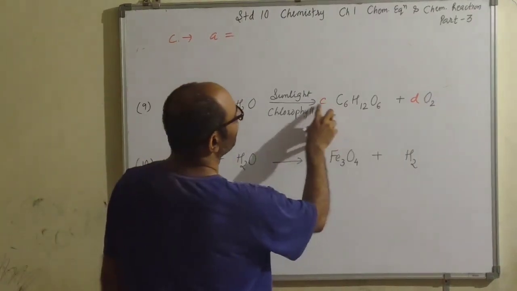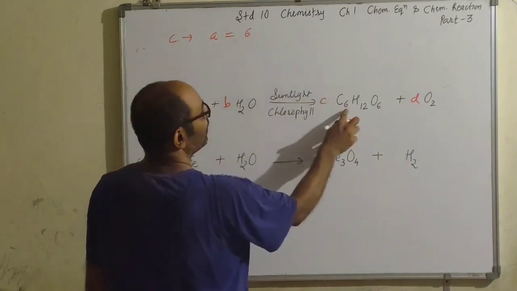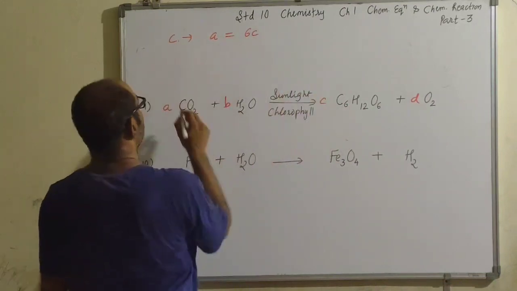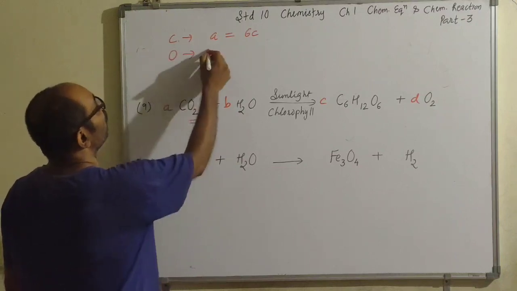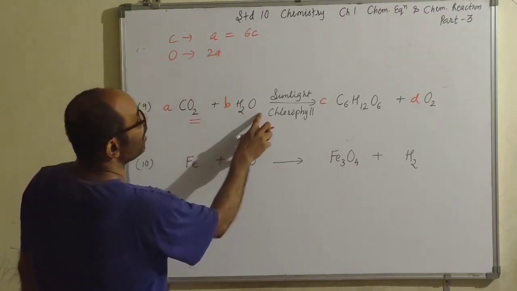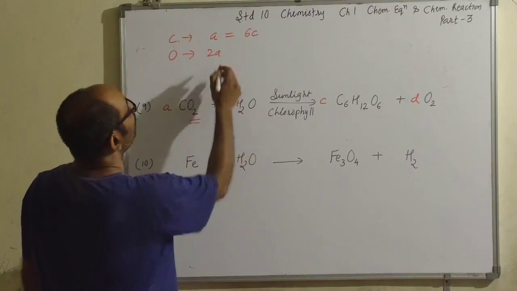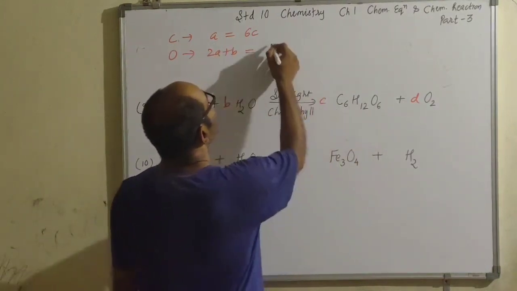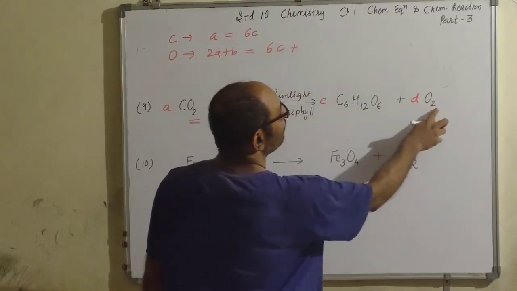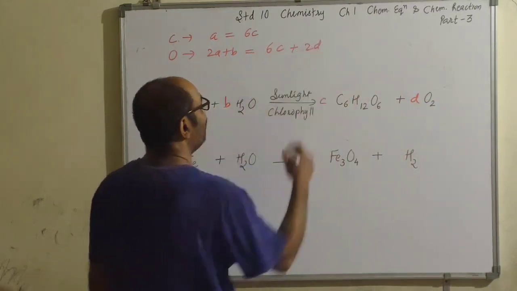Carbon is in only one formula, 6C. Then next is oxygen O, 2 into A, 2A. Here also on left hand side 1 into B, so plus B is equal to 6 into C, 6C plus 2 into D, 2D.